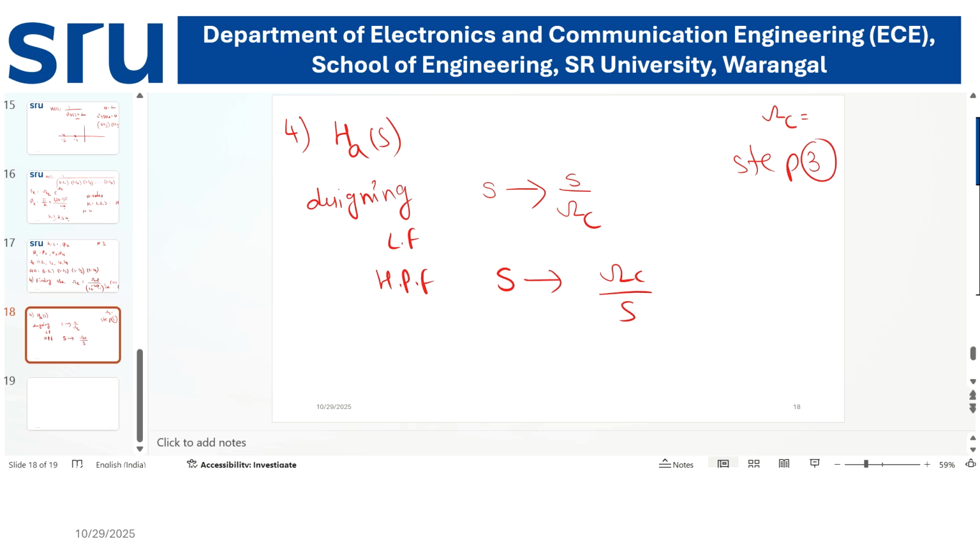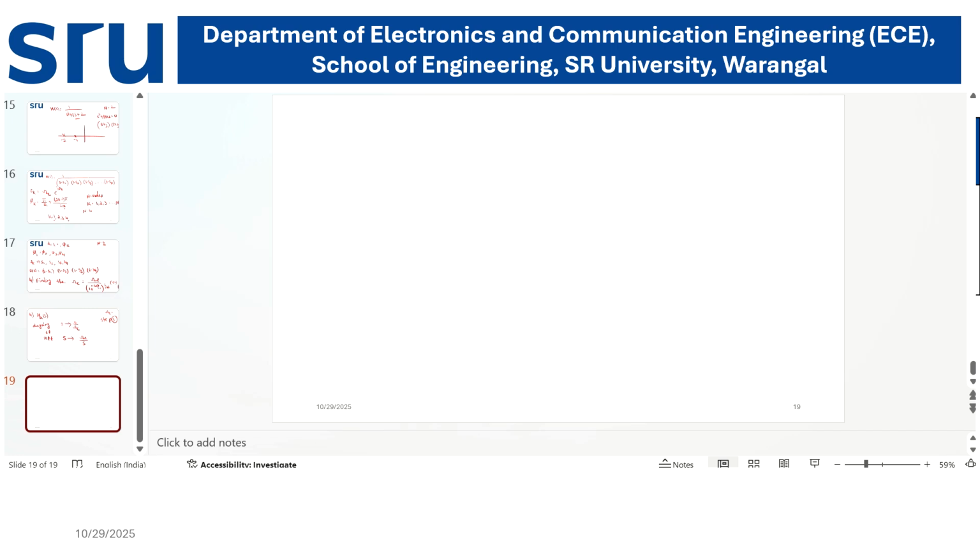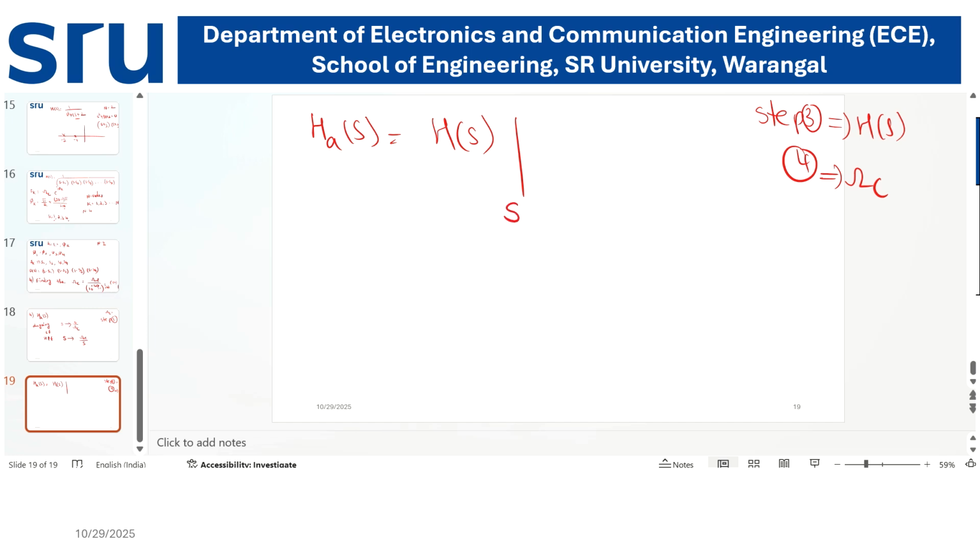Now for finding the unnormalized transfer function, H a of S, we use step number 3 as well as step number 4. From step number 3 we have H of S. From step number 4 we have the cutoff frequency, that is omega c. Wherever you have S in step number 3, replace it by S by omega c. So this is our analog transfer function.